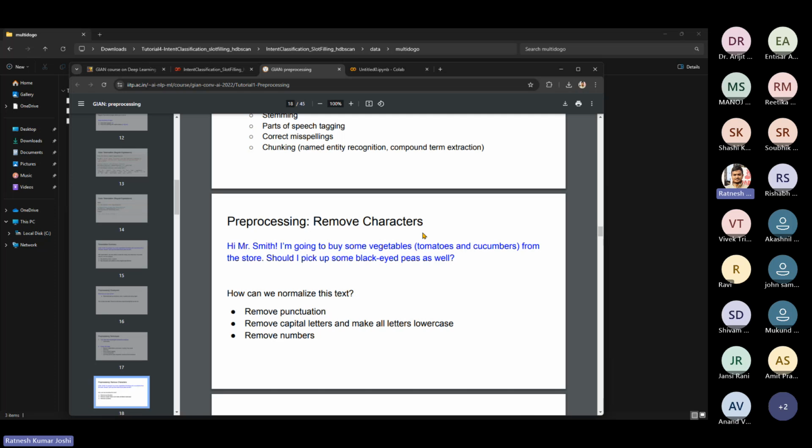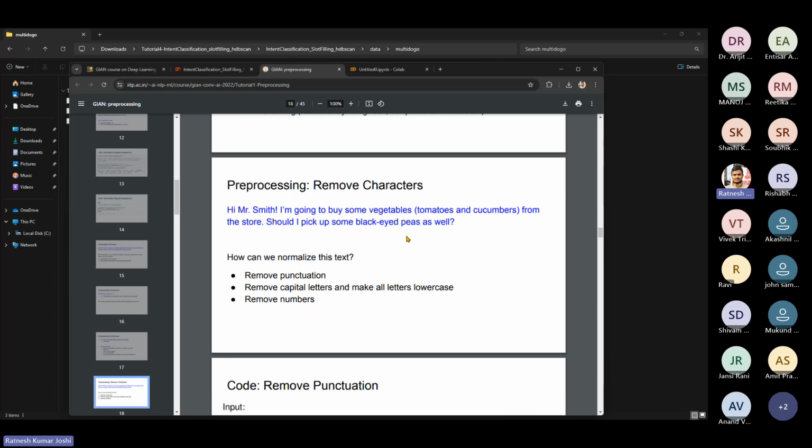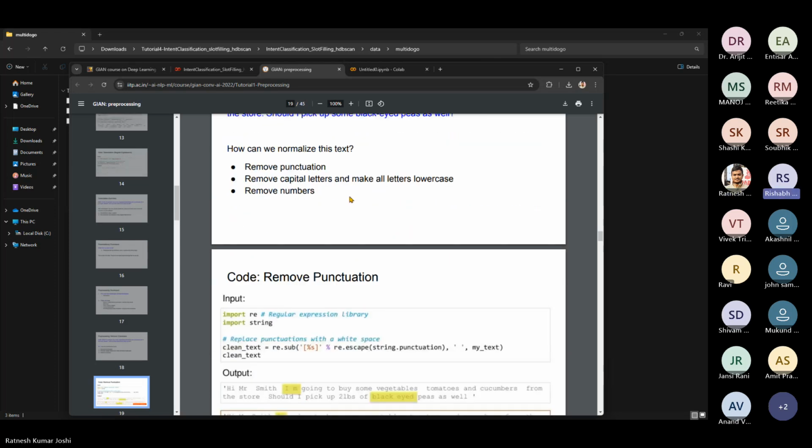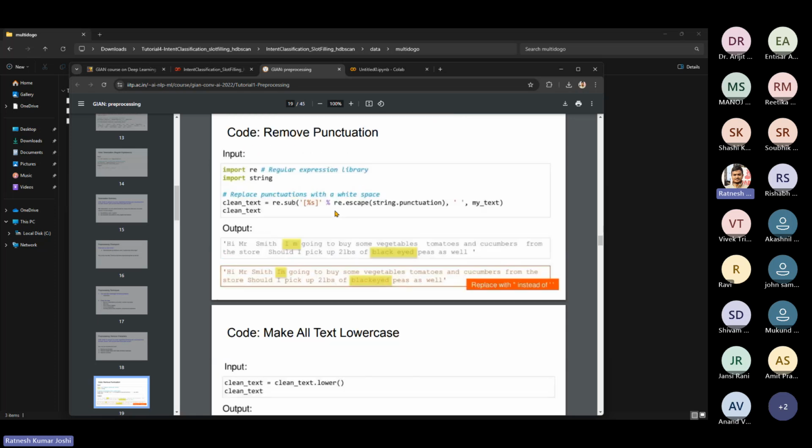So for tasks in natural language processing, with the machine learning models that we'll be using, we are not really interested in information like punctuation, capital letters, or numbers. So we'll remove this specific information. And how do we remove it? We can remove it by again creating a regular expression that specifies all of these criteria.